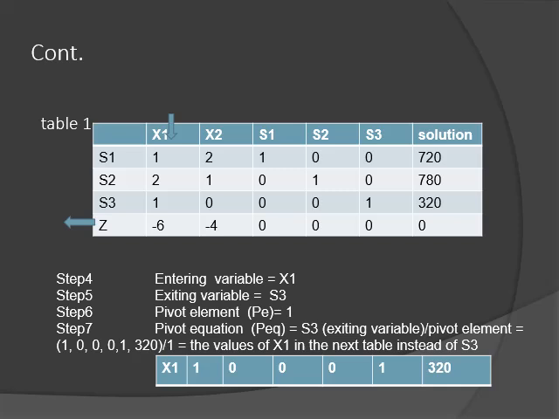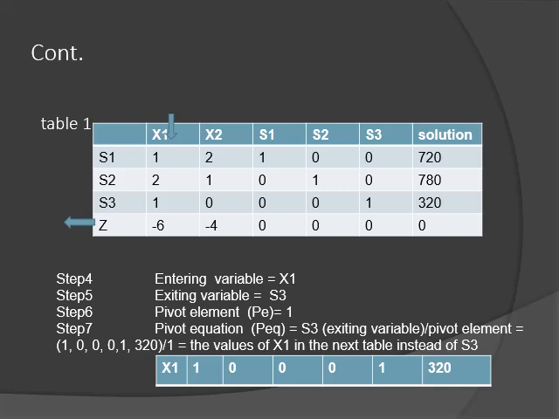Here we have two negative values. X1 faces -6, X2 faces -4. So X1 should be considered as entering variable because it faces -6, which is the biggest negative value in the last row of Z.